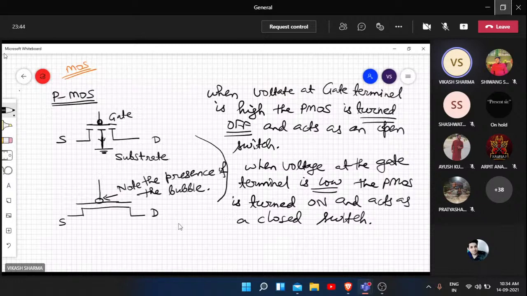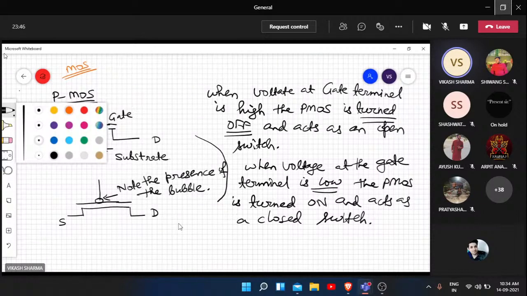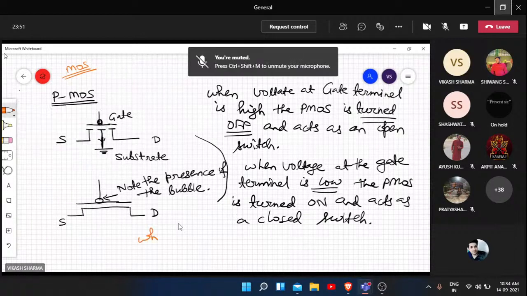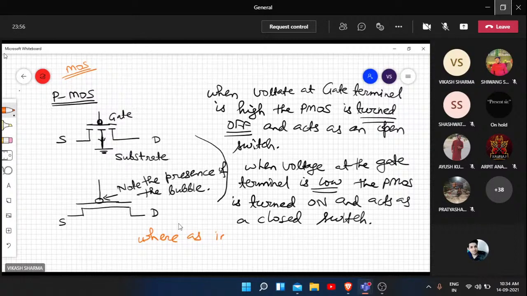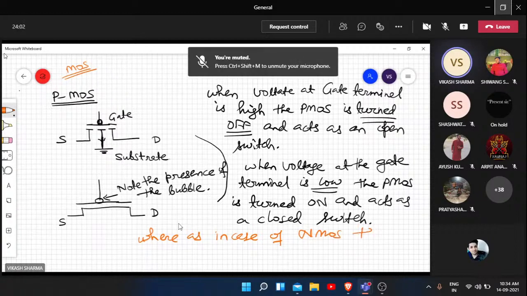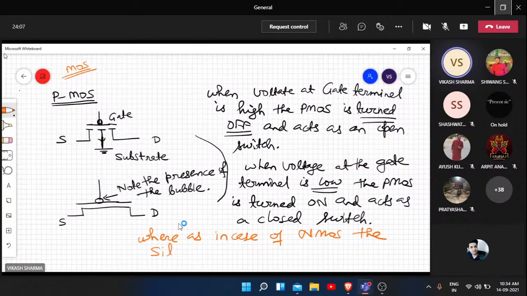But on the other hand, when we talk about NMOS, why am I talking about all this?